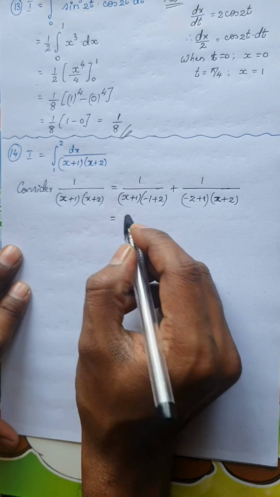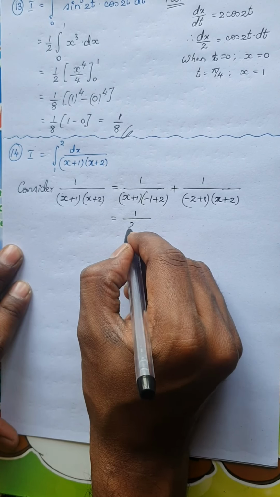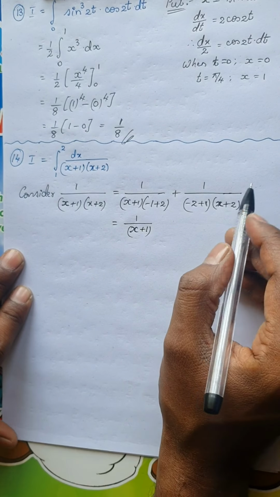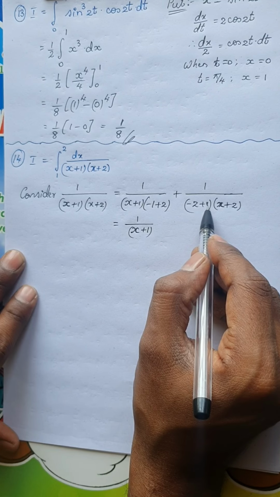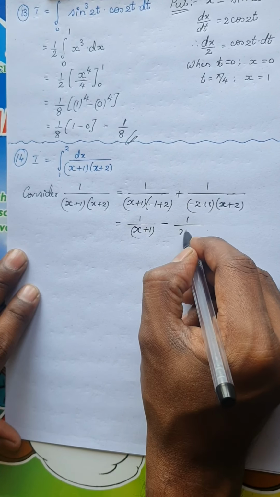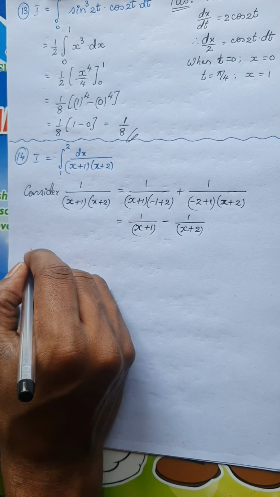Okay, so 2 minus 1 is nothing but 1. So this becomes 1 divided by x plus 1. Now minus 2 plus 1 is nothing but minus 1, so I am going to keep this minus here, 1 divided by x plus 2. Therefore, look at the integral.